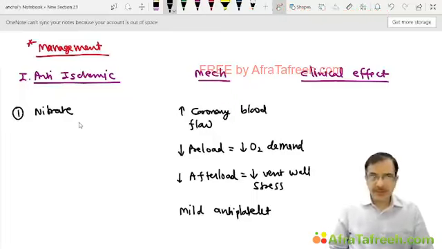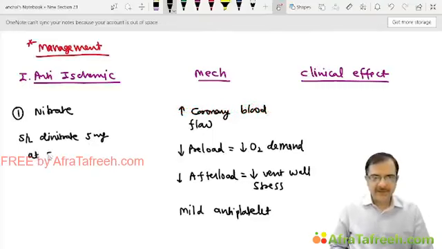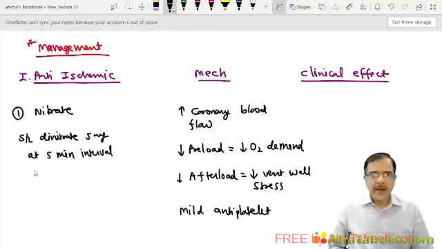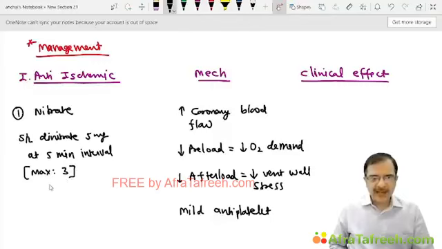How the nitrate is given, we have discussed in the previous class, so we can revise it once again. You can give a sublingual dinitrate dose, 5 milligrams at 5 minute intervals, and maximum we can give 3 doses.